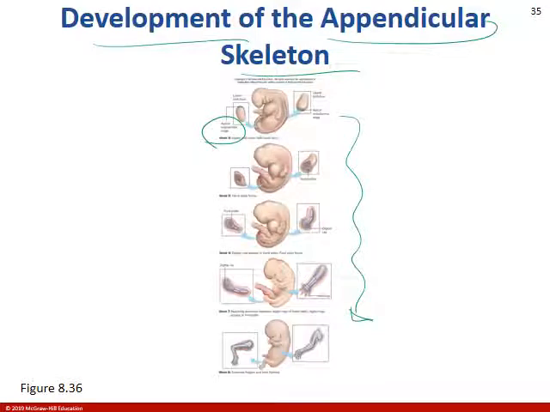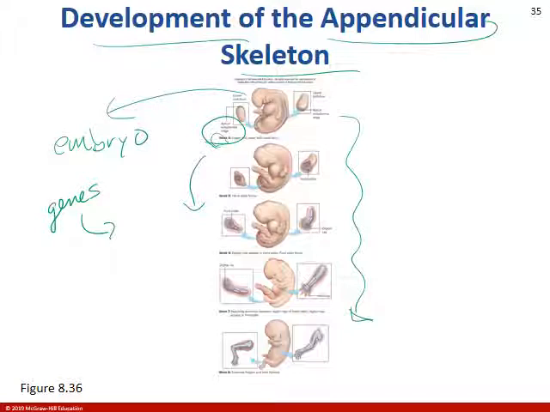Here we are at week 4. This embryo is human, but if I were to look at a pig or a chicken or a cow or a rabbit, this week 4 embryo would look very similar. And what's going to happen is basically our genes are going to turn on and off different growth patterns, and we're going to develop these appendages that are going to develop our upper and lower limbs.